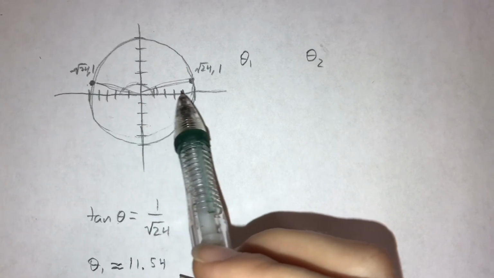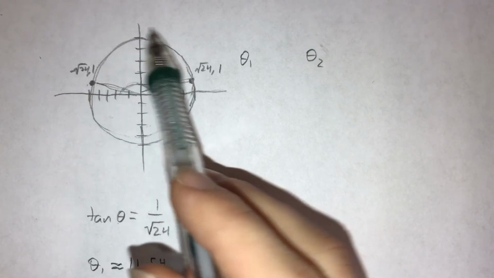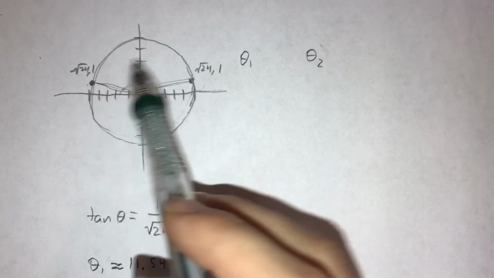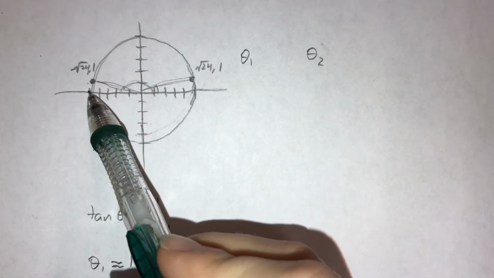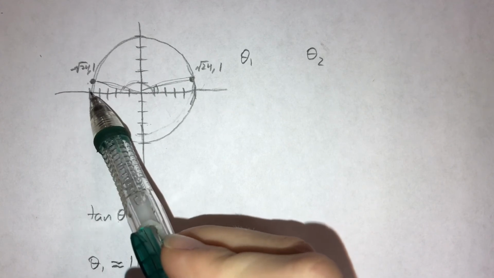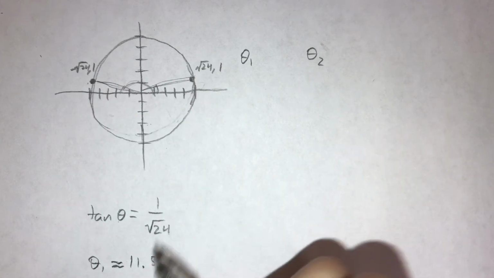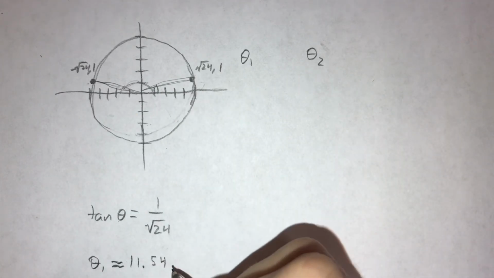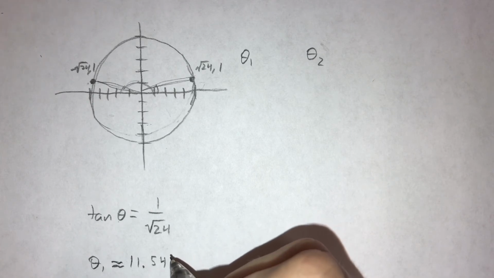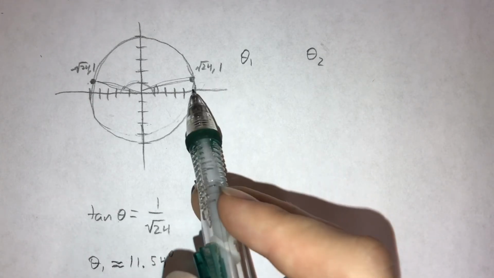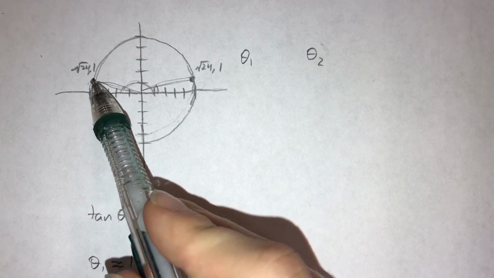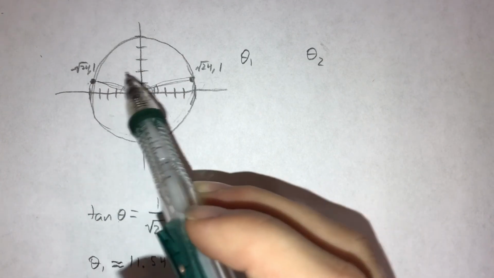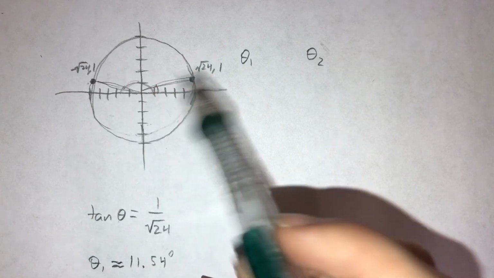And so what we can do is we know that this whole length here is going to be equal to 180 degrees. So if we have 180 degrees, we can just subtract this 11.54 degrees from 180, and that should bring this to this point, which will give us the angle between here.